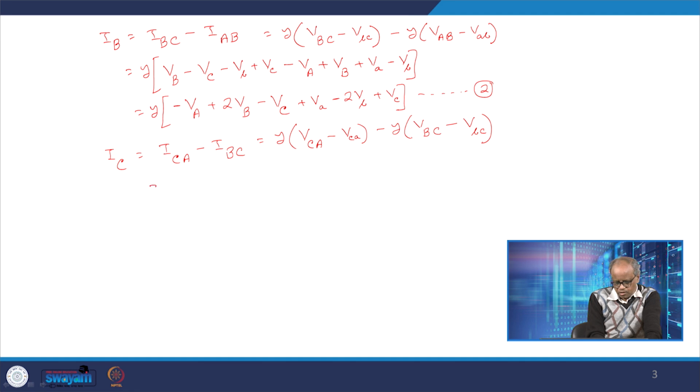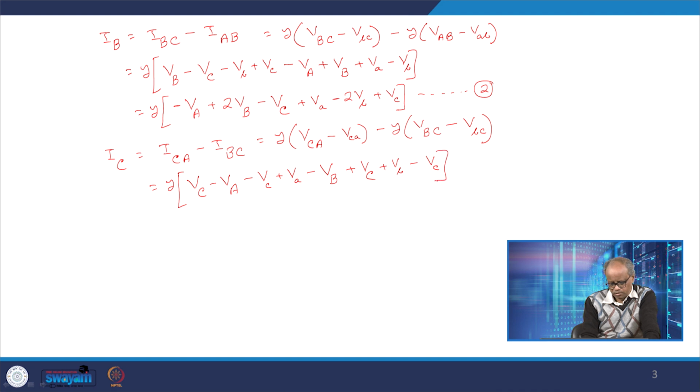So we take Y common, minus VB, then plus V capital C, then plus V small b minus V small c.